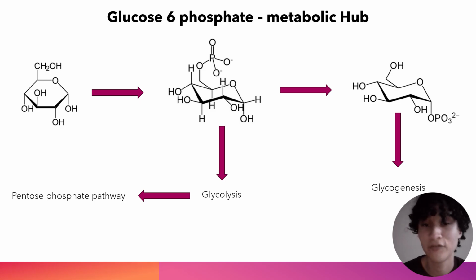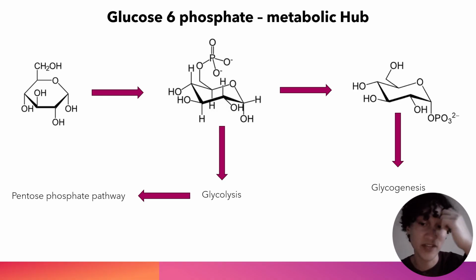Now, glucose 6 phosphate is essentially a metabolic hub. When we looked at the hexose monophosphate pathway, we looked at how glucose 6 phosphate serves as a metabolic hub and has many different fates in metabolism, depending on cellular needs and depending on where you are in the body. We won't go over it, but just to recap, glucose 6 phosphate can either be used for glycolysis, so it can be further broken down into pyruvate, or it can be shunted to the pentose phosphate pathway.